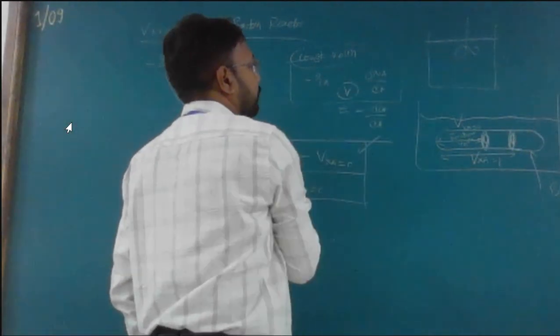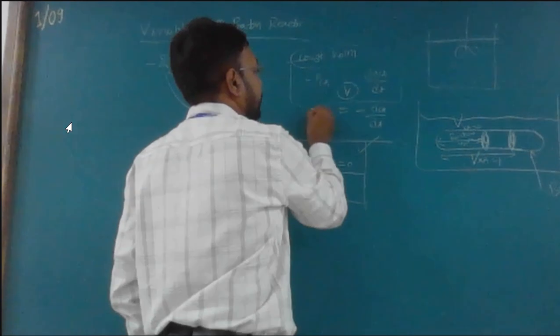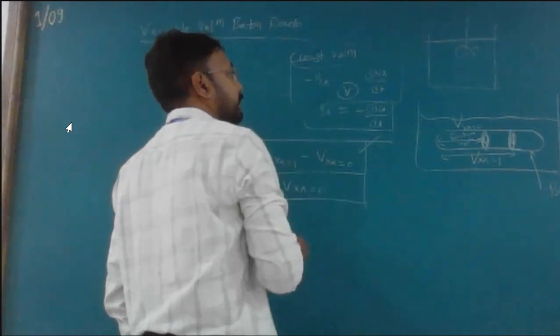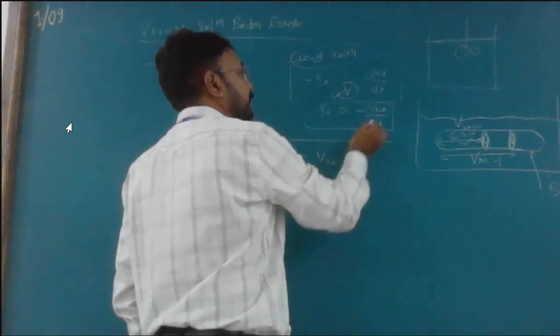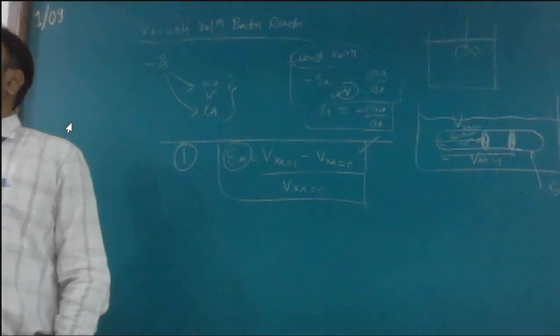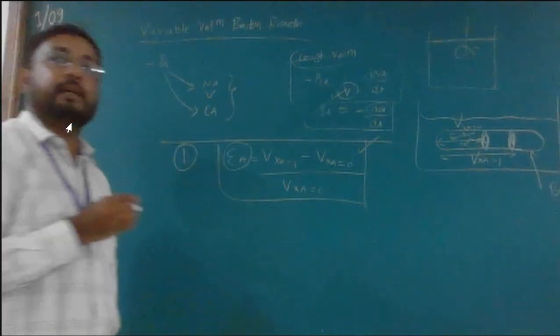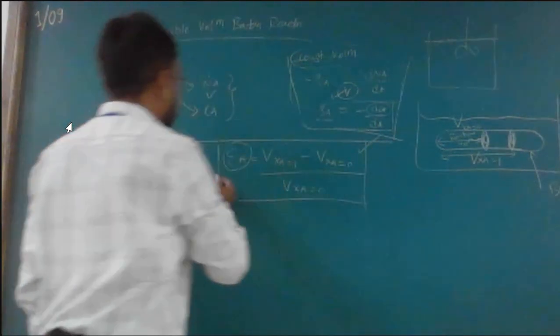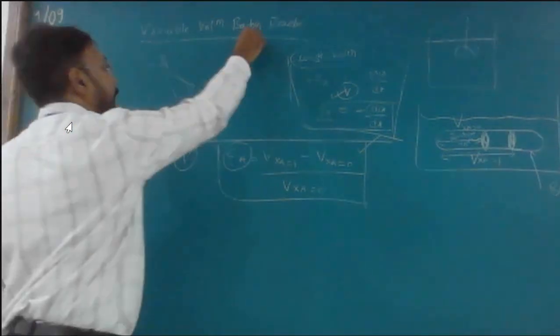NA by V was considered as CA, so minus rA was dCA by dt. But now the volume is going to change, it is going to impact the concentration, and because of that the rate is going to vary. That was for constant volume; now we are considering the variable volume batch reactor.